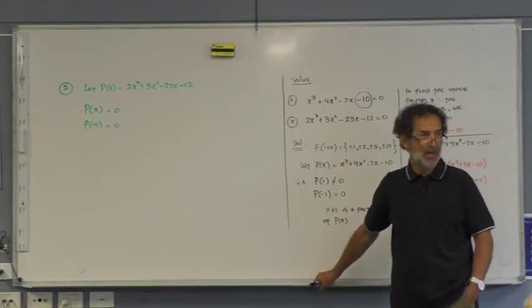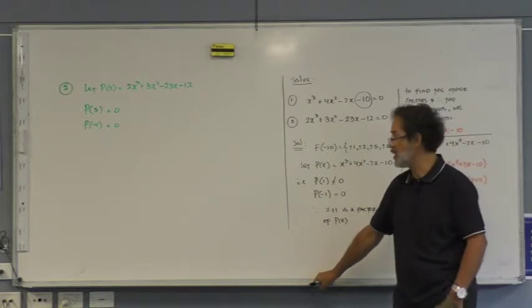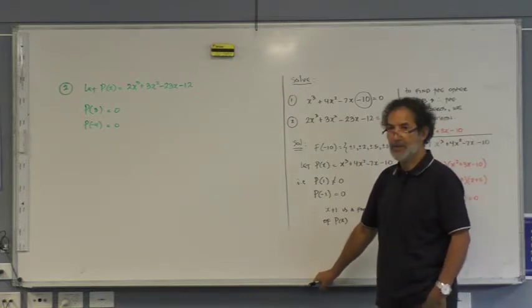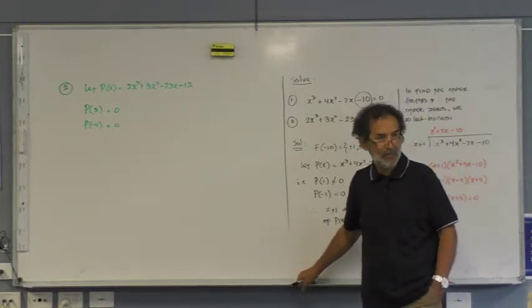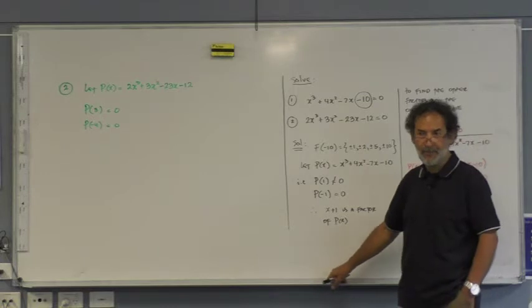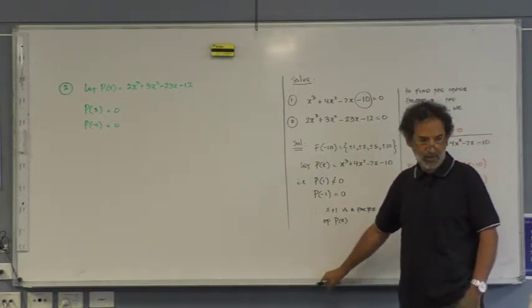Can you find any other? So we have 3 is a zero, -4. I think that we should have another one.